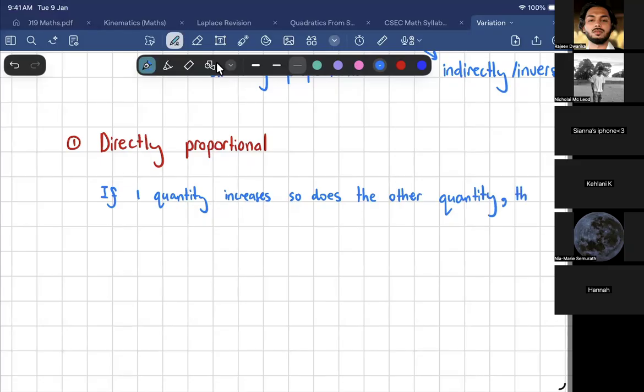The constant of proportionality K tells us by how much. So let me give an example of a directly proportional relationship.